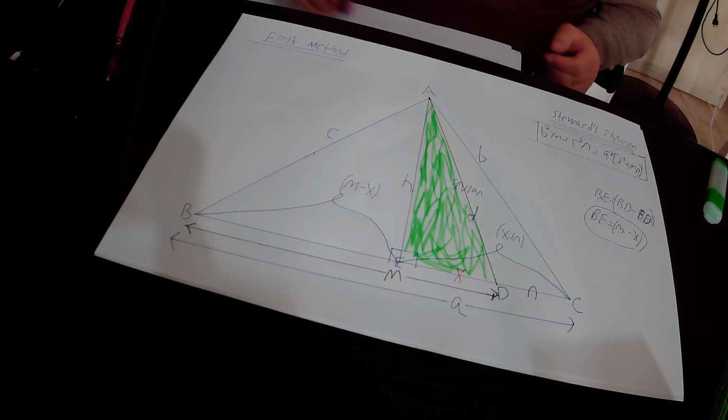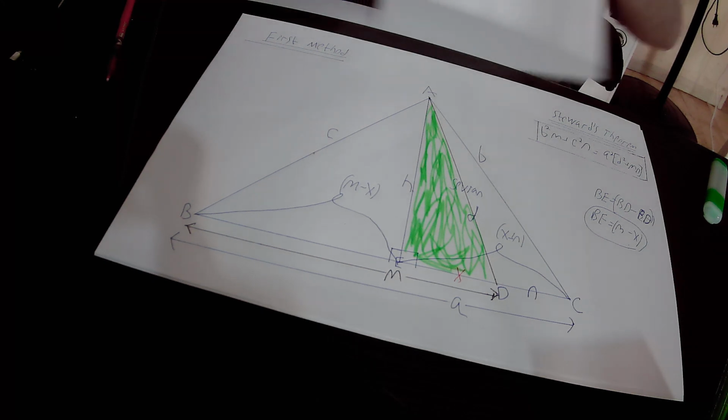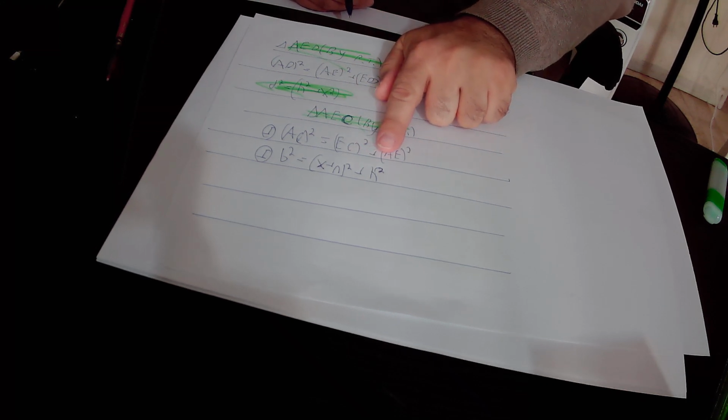In conclusion, we found out that in the right triangle AEC, according to the Pythagoras theorem, b squared equals (x plus n) squared plus h squared.